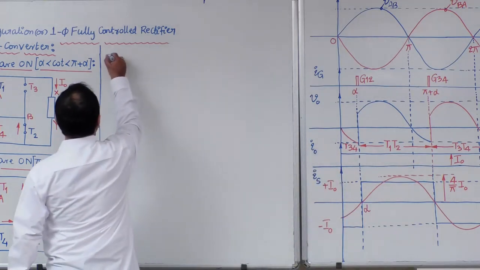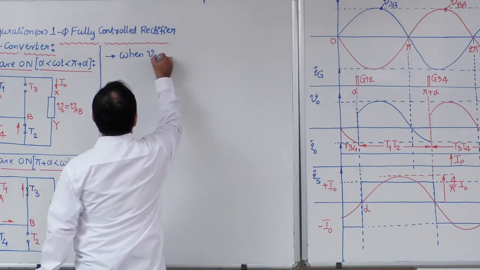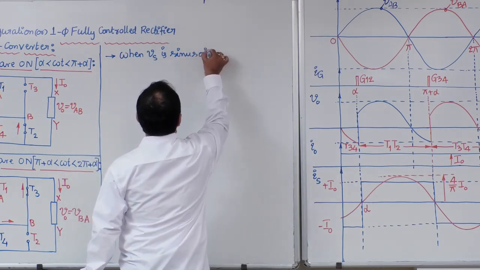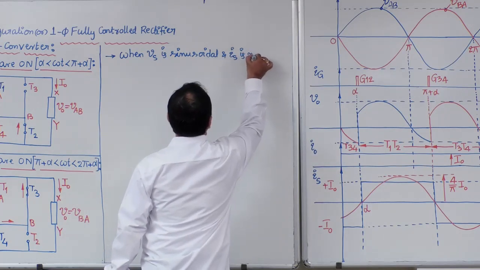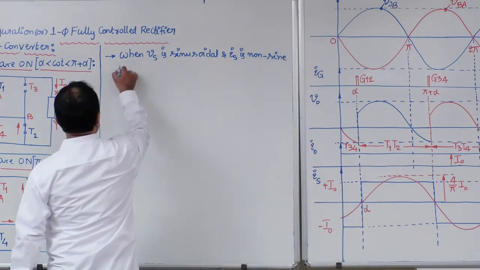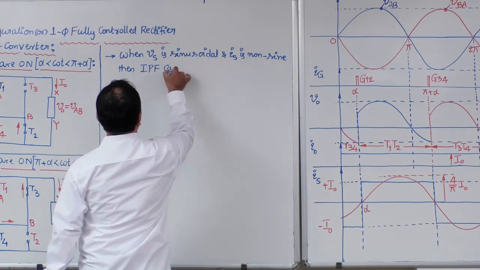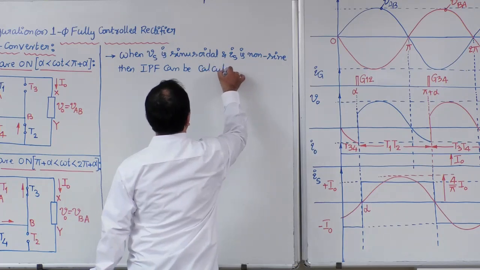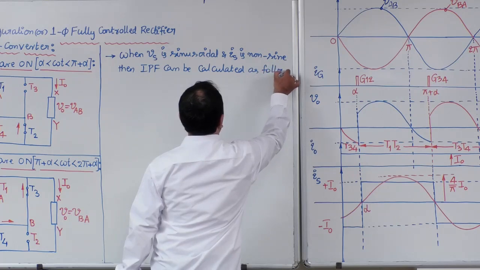So the point here is, when Vs is sinusoidal and Is is non-sinusoidal, then IPF can be calculated as follows.